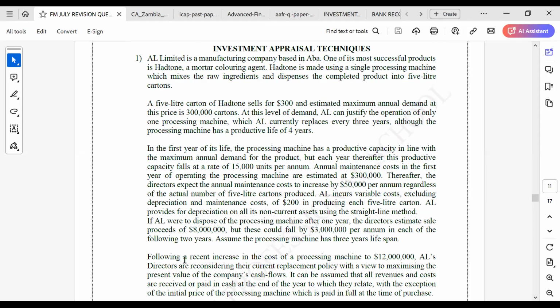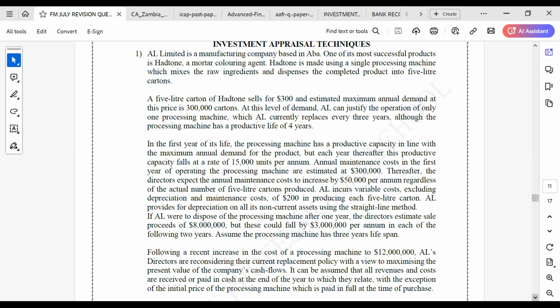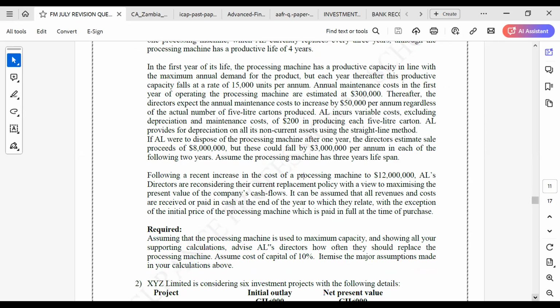So the recent increase in the cost of the processing machine, which is 12 million, we assume that the company is going to purchase the machine outright, or they are going to purchase the machine immediately and use it for the production.